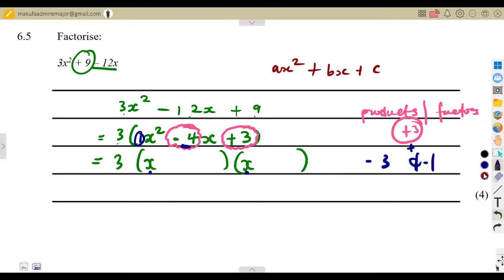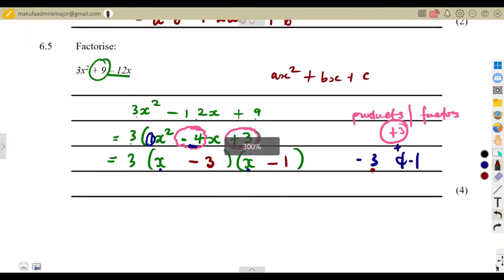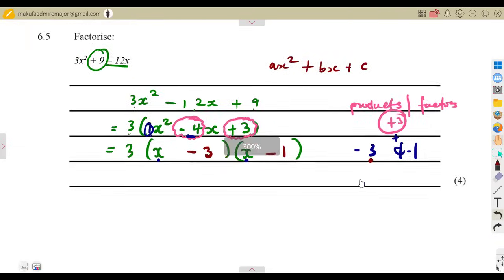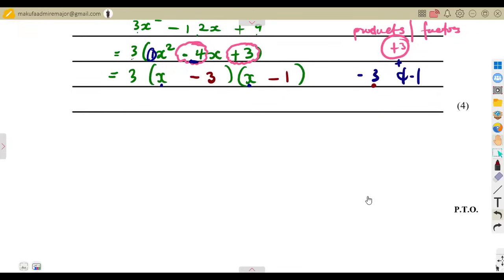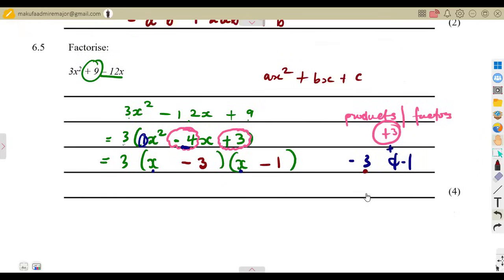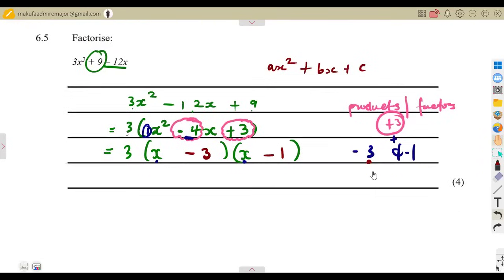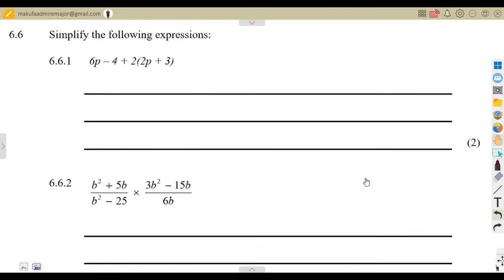So these are the two numbers that we are going to consider, the -3 and the -1. So that was going to be the completed part. This is our final answer. There's nothing that we're going to do from there. There's nothing common. There's nothing that we can factor out. There is totally nothing. We are done. So that is how these questions might be given.